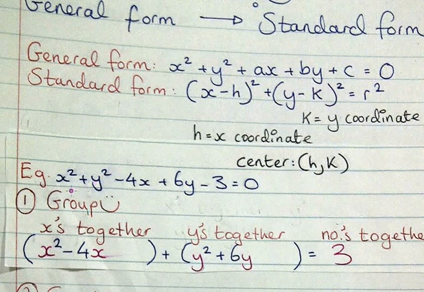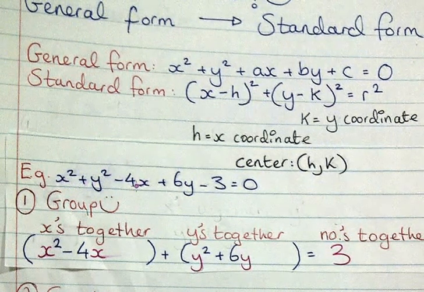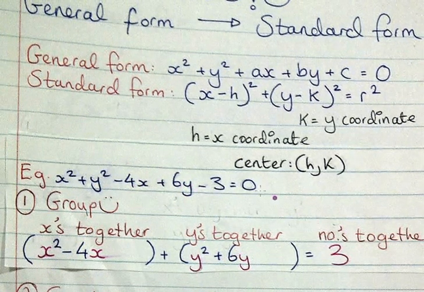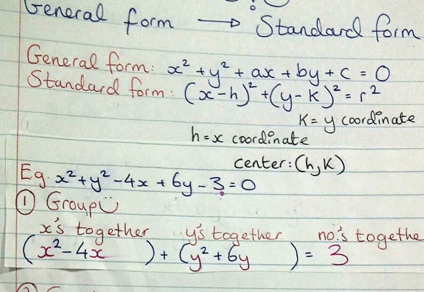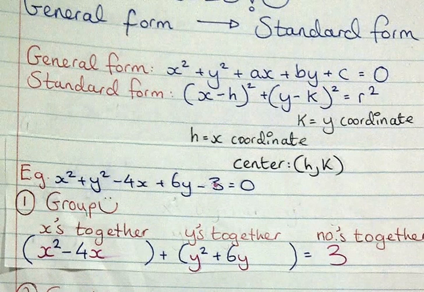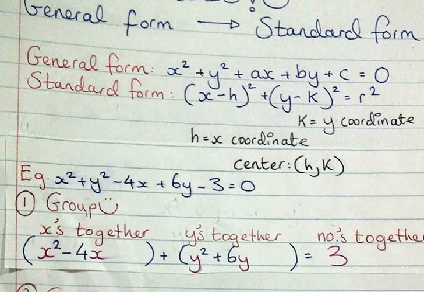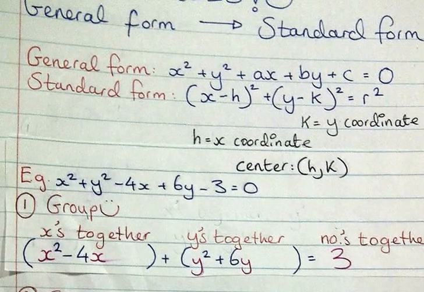So it's pretty simple. We need to put the x's together, and the y's together, and then the numbers together, and there's only -3, and that's normal for a general form equation, plus c. And we move it to the other side, and it becomes positive. So we did the first step already, and we're done with that.